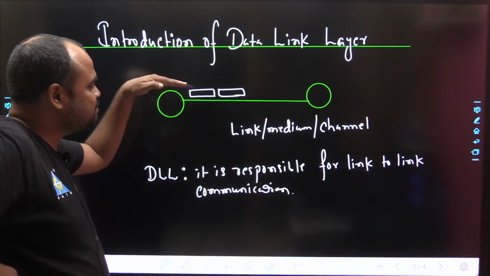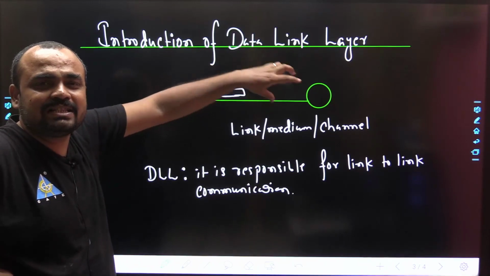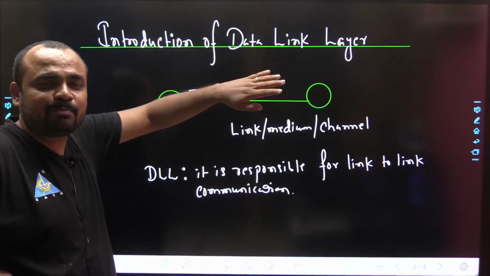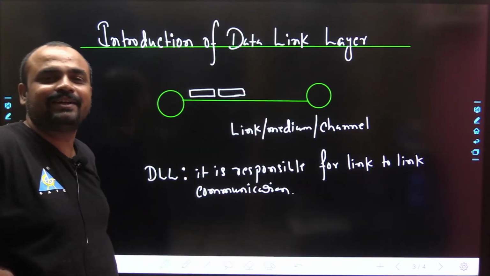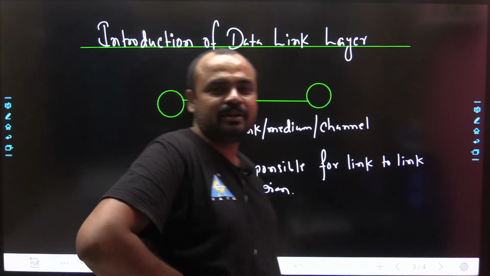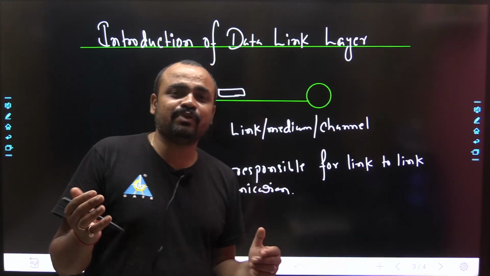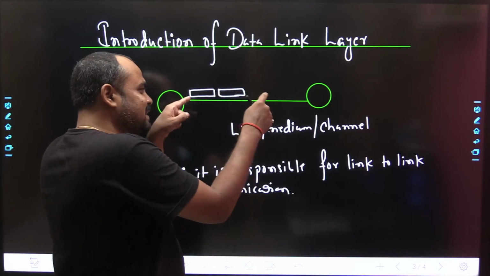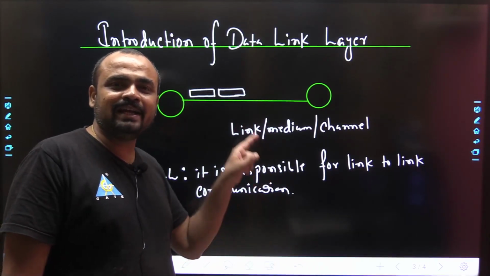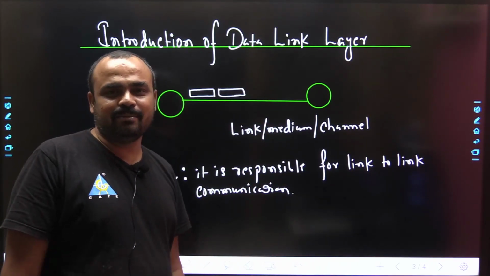If the packet is moving through this link, then the protocols involved here come under the data link layer. All the protocols which we are going to study inside the data link layer will be held inside this link. Are you getting my point or not?